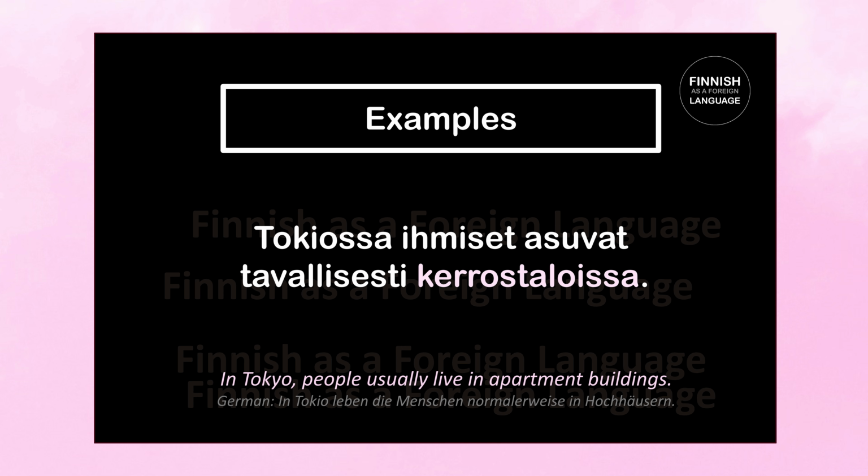Asuvat, third person plural, present tense of asua, which means to live. Tavallisesti means usually, and kerrostaloissa means in apartment buildings. It's the inessive plural of kerrostalo, which means apartment building. So let's repeat again. Tokiossa ihmiset asuvat tavallisesti kerrostaloissa. In Tokyo, people usually live in apartment buildings.